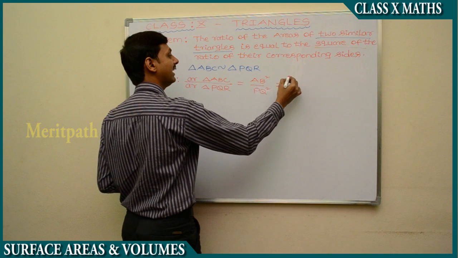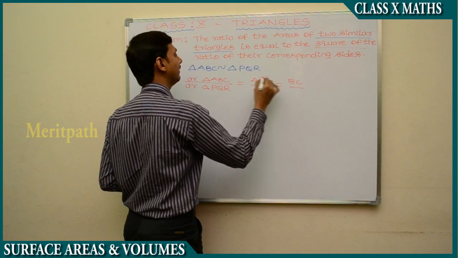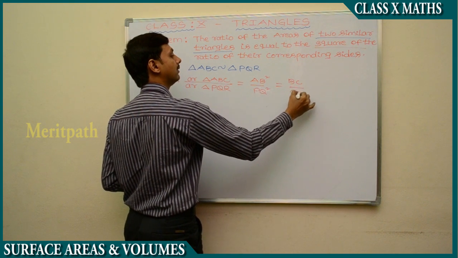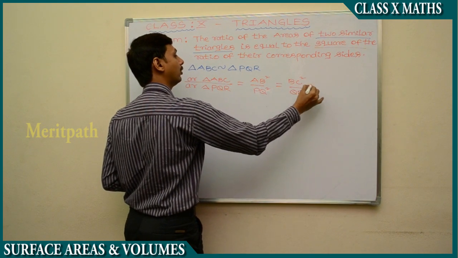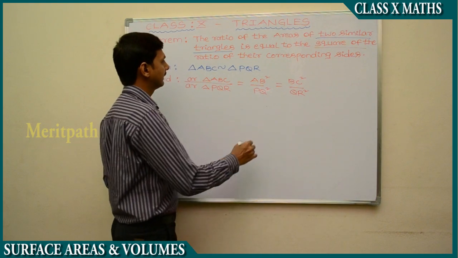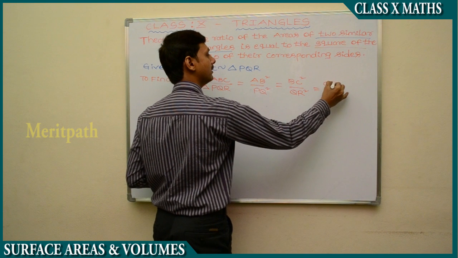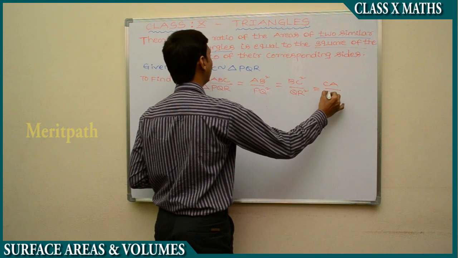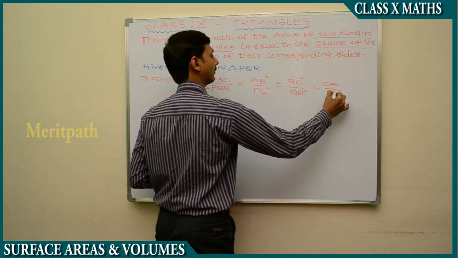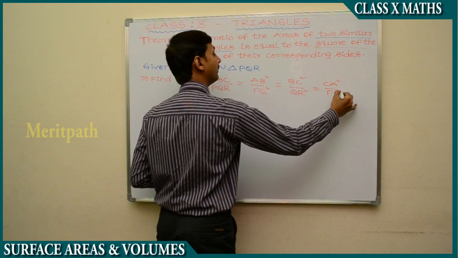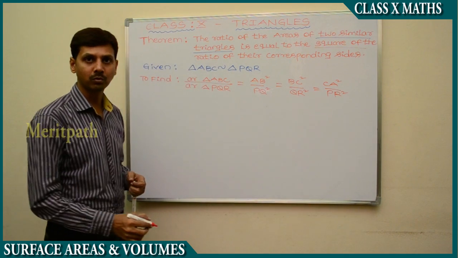Taking BC in triangle ABC, BC by QR, squares of corresponding sides, so BC square by QR square, and AC or CA by PR, CA square by PR square. This we need to prove.